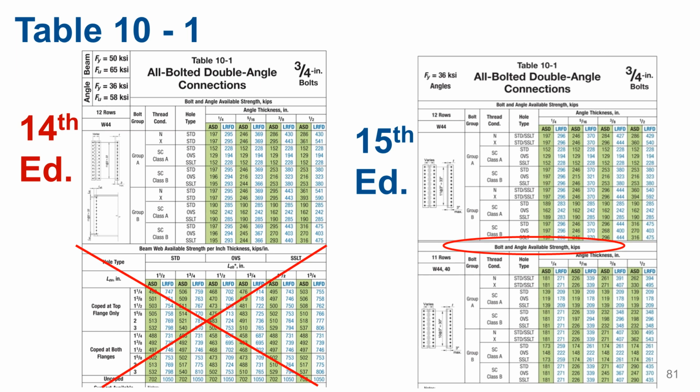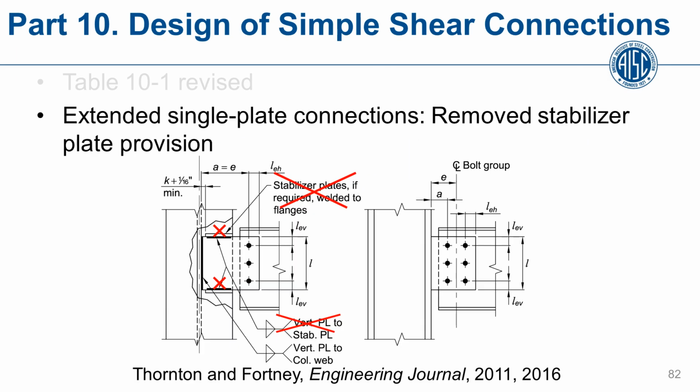One other change in Part 10 deals with extended single plate shear connections. In the 14th edition, there was a formula that was shown that was based upon an engineering journal article that was published in 2011 by Pat Fortney and Bill Thornton about the use of stabilizer plates. Well, Pat Fortney and Bill Thornton published another article in 2016 saying that really the stabilizer plates are not necessary.